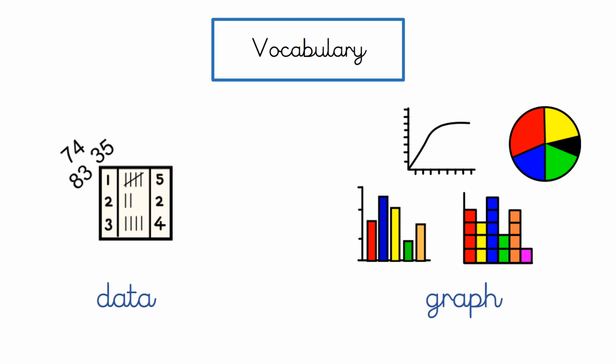Di means two, and graph means something that is written or drawn. So anytime we show information in a way that is written or drawn, we can call it a graph. You can see a few pictures here of different types of graphs. In this unit we'll be looking at picture graphs, so those will be graphs made up of little pictures.